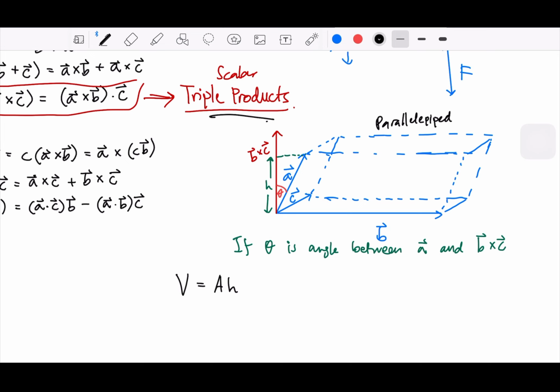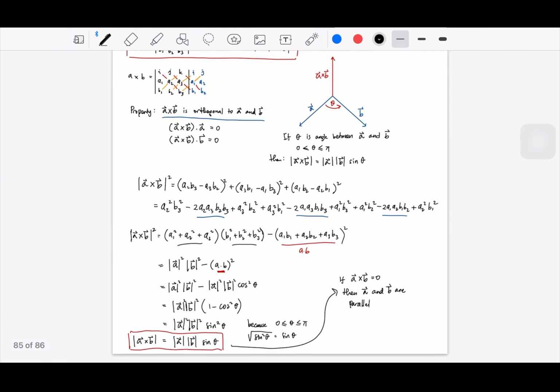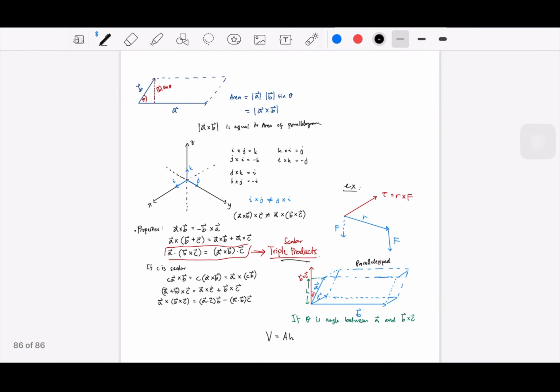Now we know that the area is a parallelogram, like we did when using the sine. So we can say the area of this is the length of B cross C. Where is it?